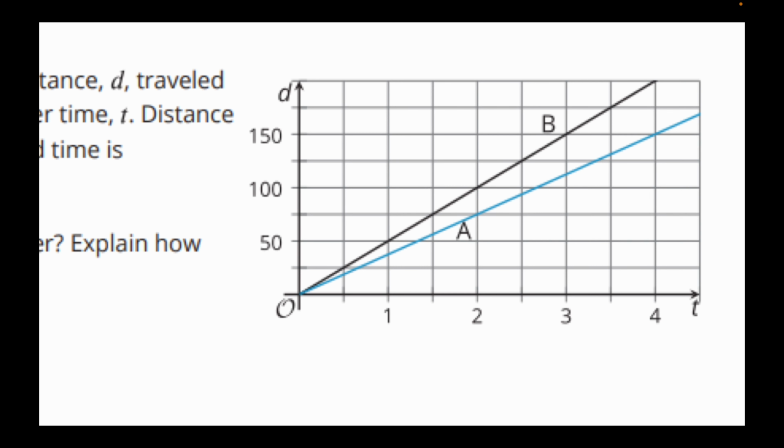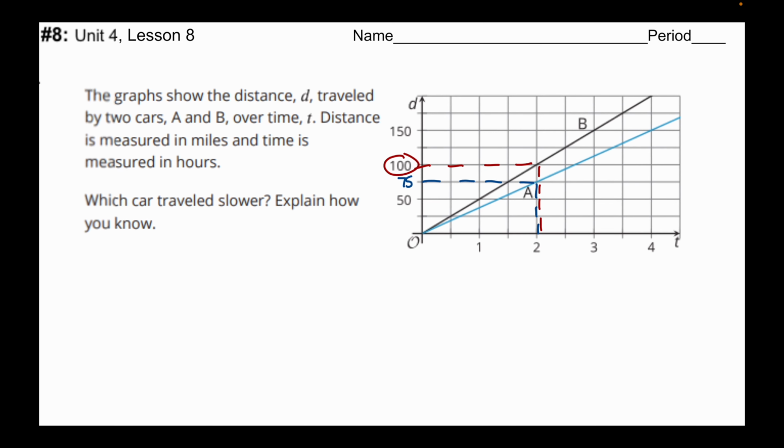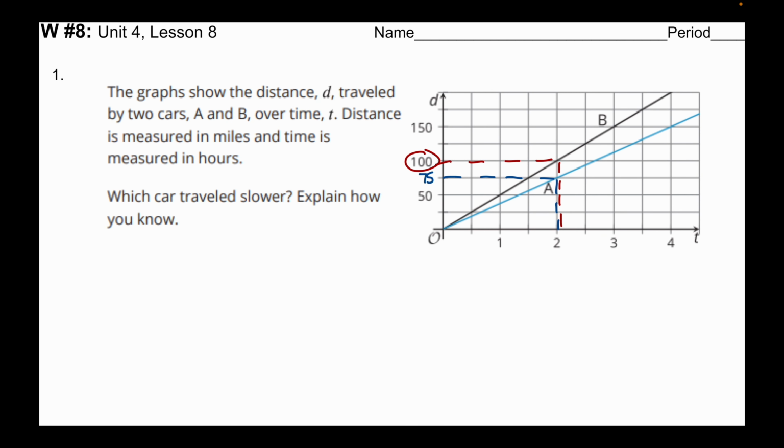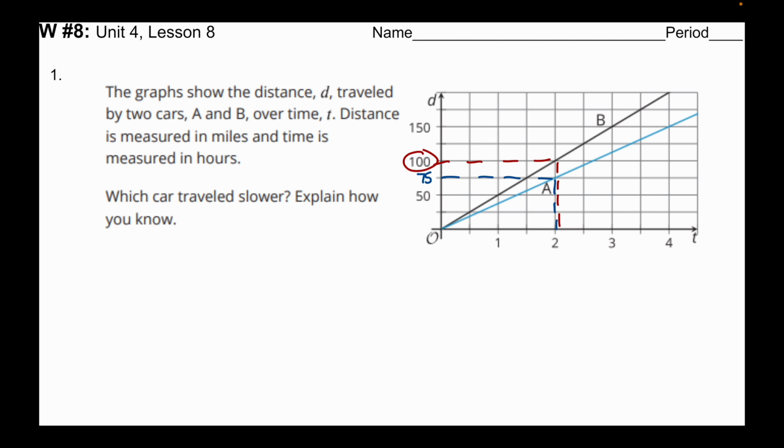So at A, this looks like 2 hours, 75. If we look at car B, again at 2 hours, this has traveled 100 miles. So we're going to say that A has traveled slower because it has covered fewer miles in the same amount of time.